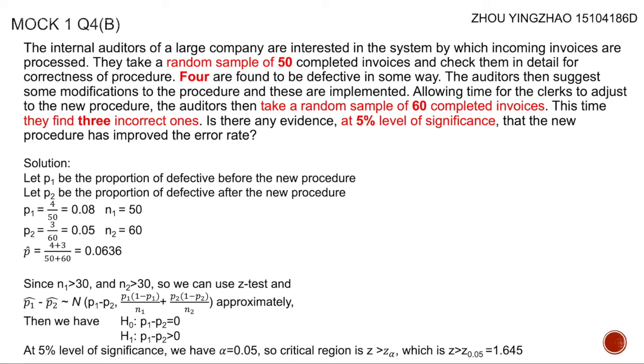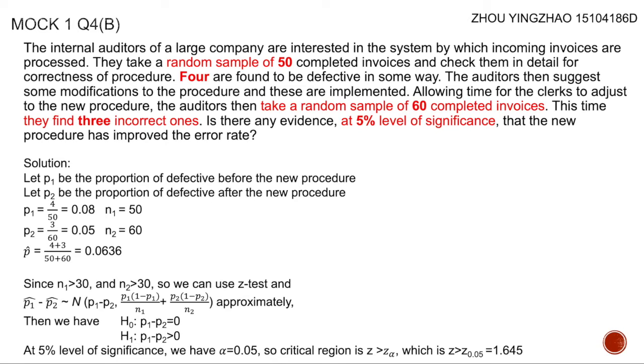Let P1 be the proportion of the defective before the new procedure, and let P2 be the proportion of the defective after the new procedure. So N1 is 50 and N2 is 60. P1 is 4 divided by 50, which is 0.08, and P2 is 0.05.